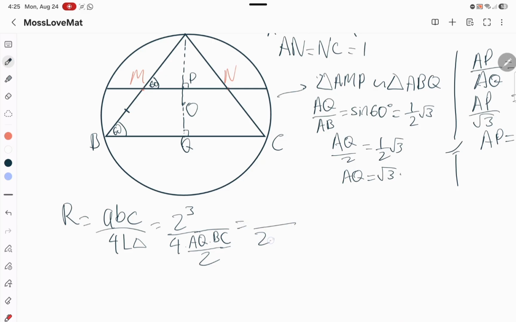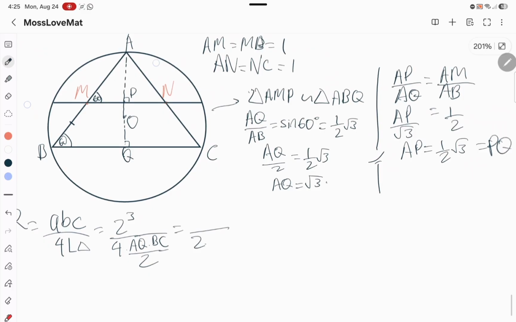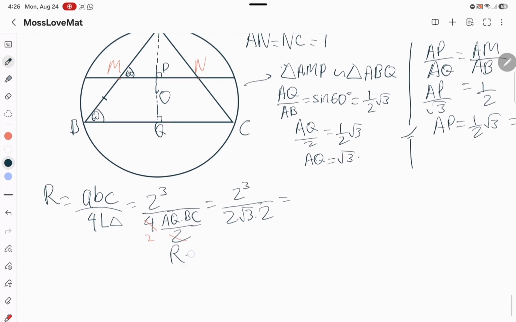So we get AQ is root of 3 times BC is also 2. We get that the radius is 2 over root of 3, or we can say the radius is 2 times root of 3 over 3.